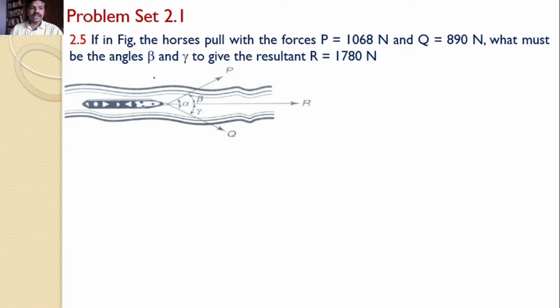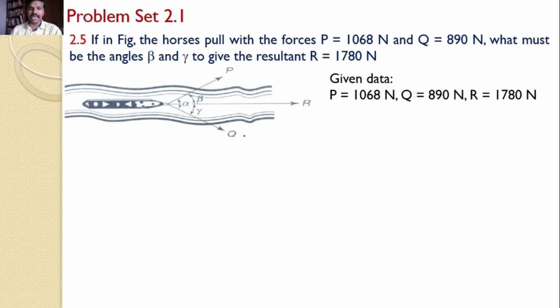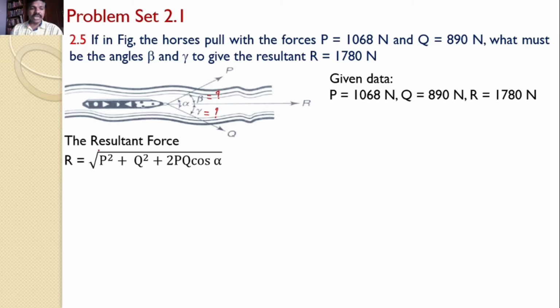The given data is P equal to 1068 newtons, Q equal to 890 newtons, and R equal to 1780 newtons. As we discussed, our aim is to find the value of beta and gamma. We know the resultant force formula: R is equal to square root of P squared plus Q squared plus 2PQ cos alpha.